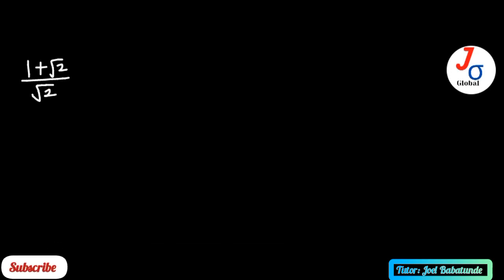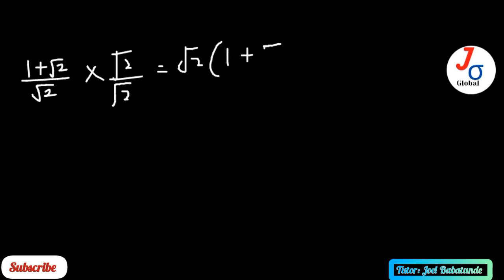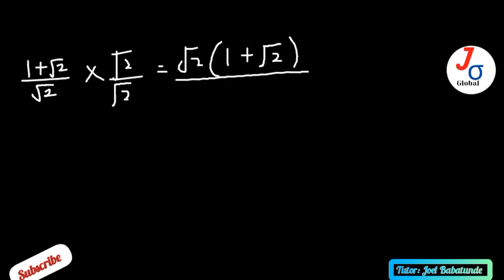Then you have 1 plus root 2 over root 2. So how do you handle this? Just multiply both the numerator and the denominator by root 2. So we have root 2 multiplied by 1 plus root 2, over, now mind you, root 2 multiplied by root 2 is root 4, and root 4 is 2.